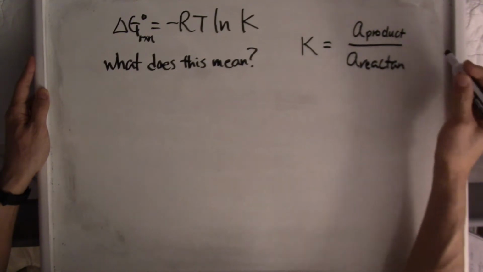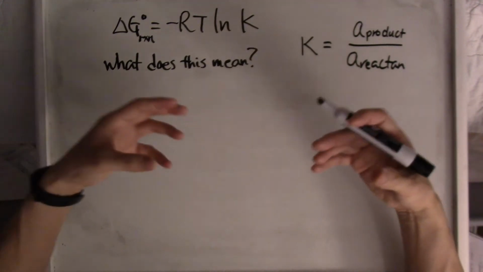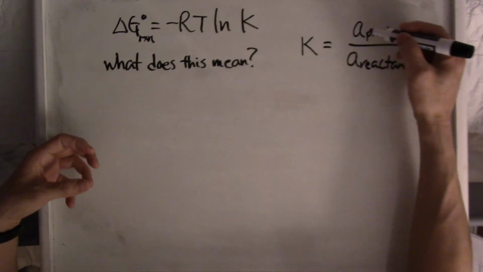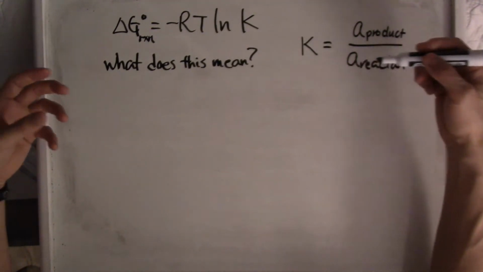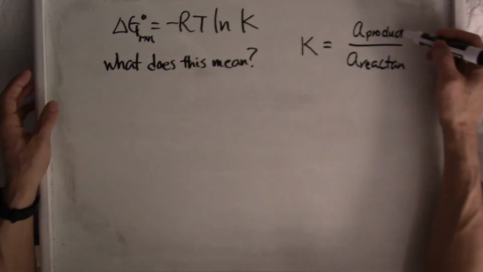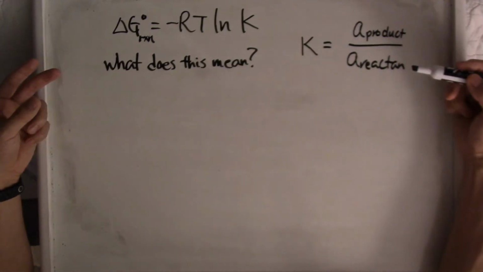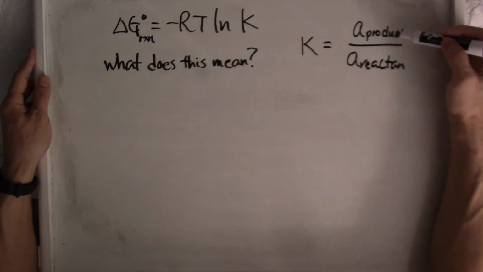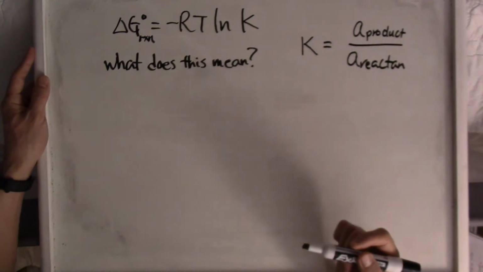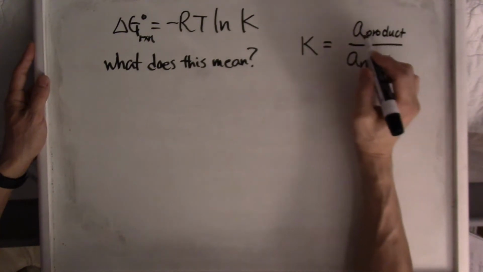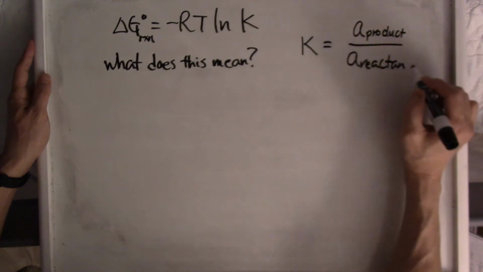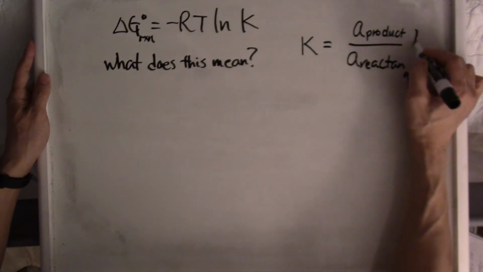Notice that if you have multiple species, activity of product species A, activity of product species B, and so on. Just for simplicity, I just have activity of product and activity of reactant. Now, that's the ratio. So keep that in mind.